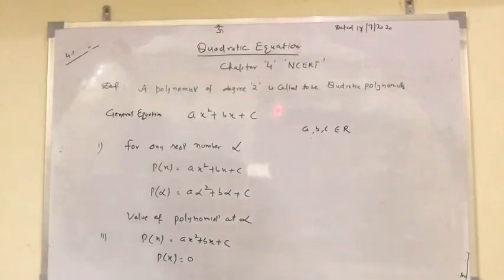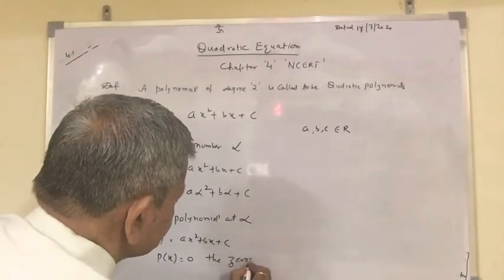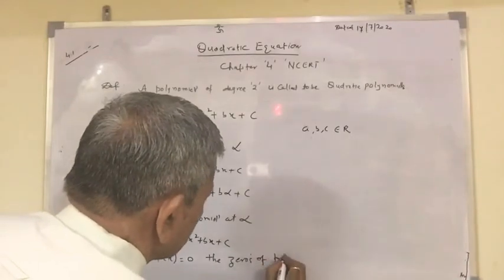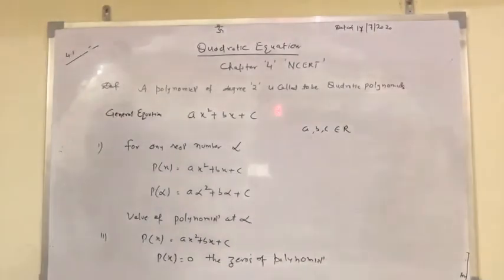If you equate the polynomial to 0, you find the zeros of the polynomial, and the zeros of the polynomial are known as the roots of the equation.